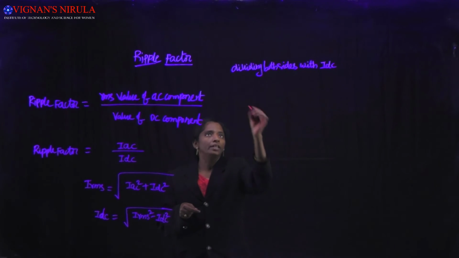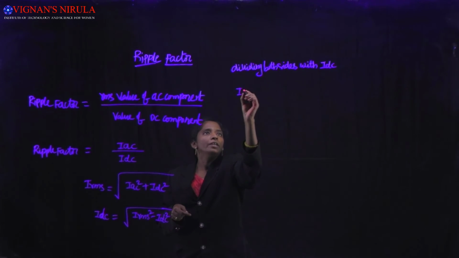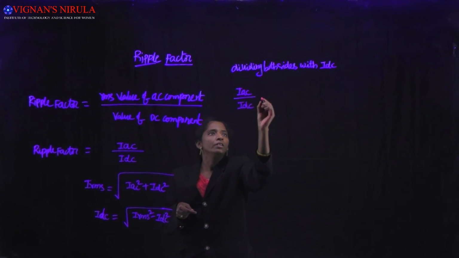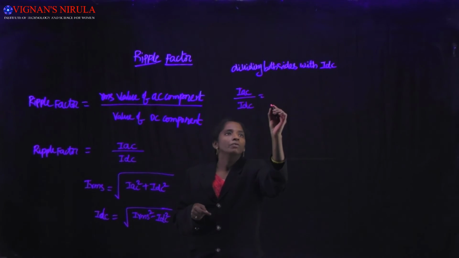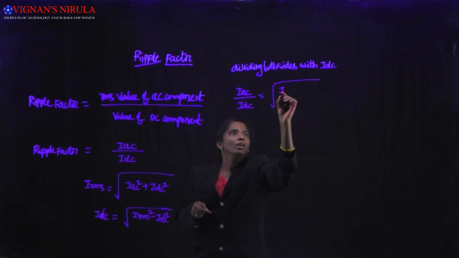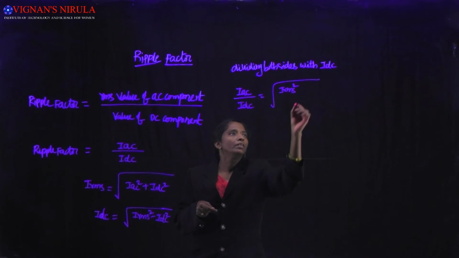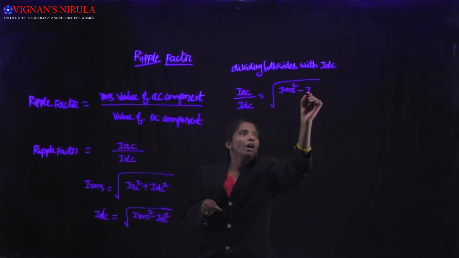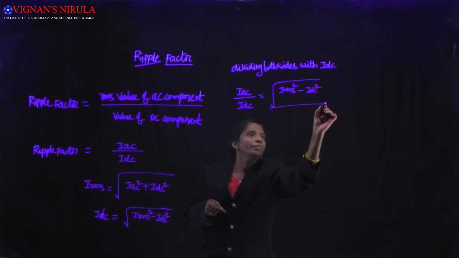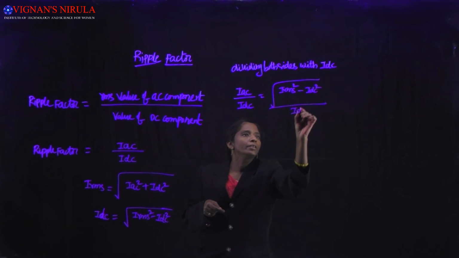Now we are getting IAC divided by IDC equal to the square root of IRMS square minus IDC square, divided by IDC.